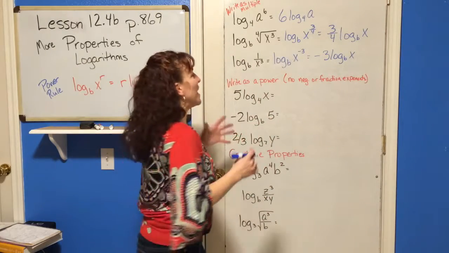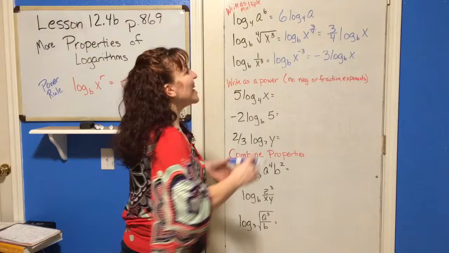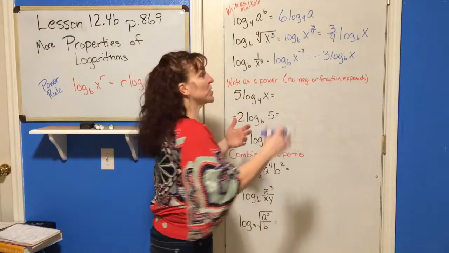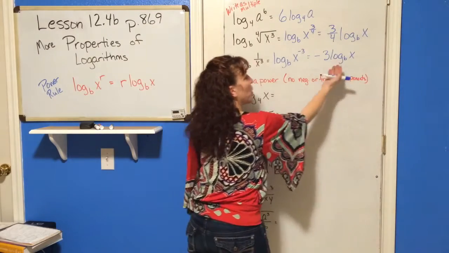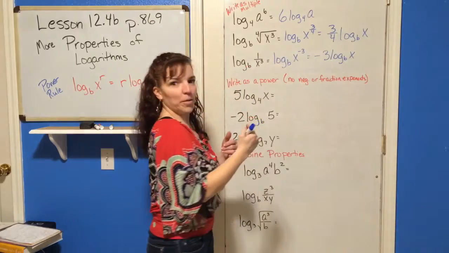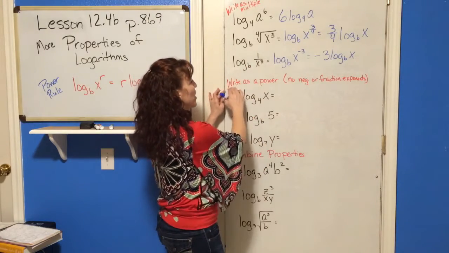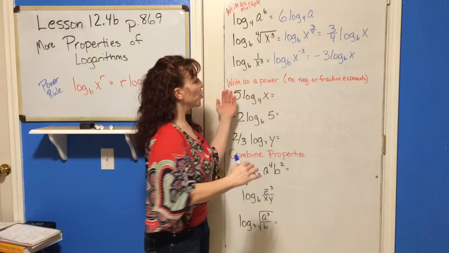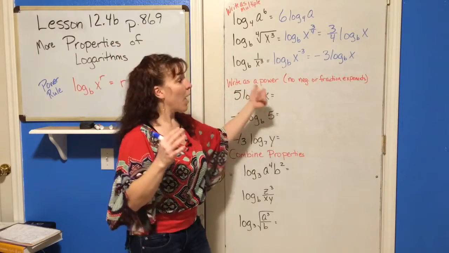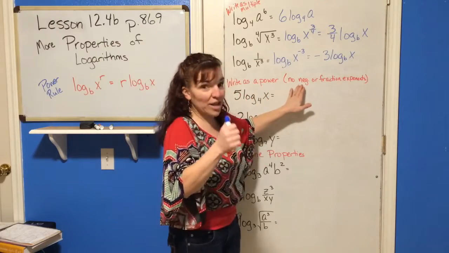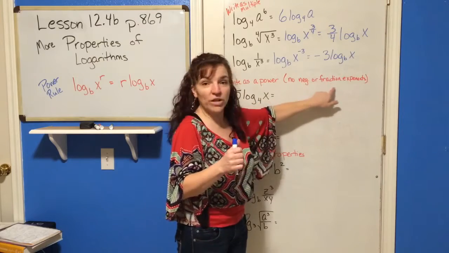All right, you got it? I think you do. Now that I think you've got it, we're going to go backwards. I'm going to give you the answer, and I want you to back up and give me the problem. So this will be written as a power. When you're writing a log as a power, be careful. Make sure that your exponents don't have any negatives or any fractions.